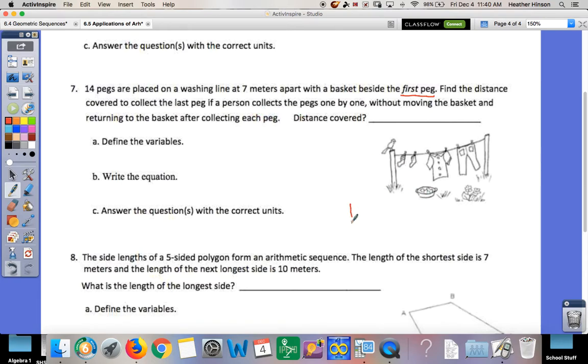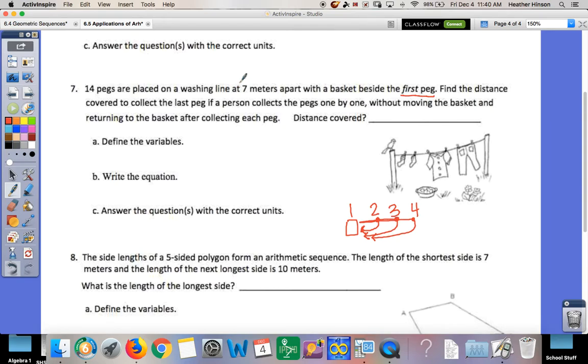So the basket is going to be at peg 1, and then they're going to go out to peg 2, grab that one, and go back to the basket. Then they're going to go out to peg 3, grab that one, and go back to the basket. Then they're going to peg 4, grabbing that one, and going back to the basket.